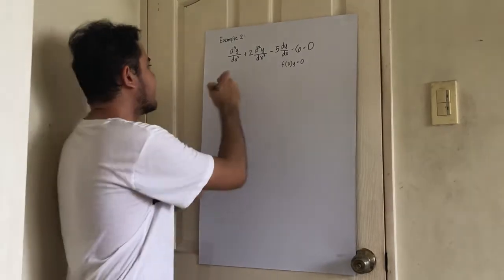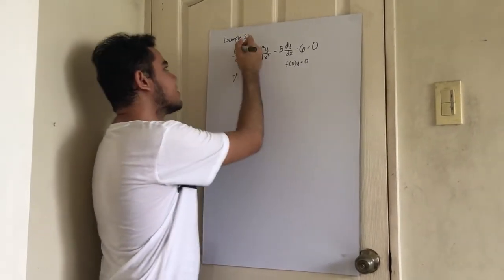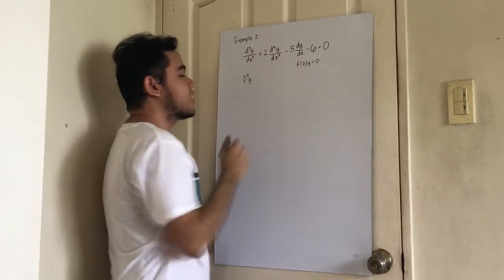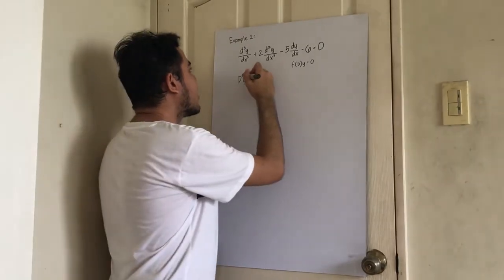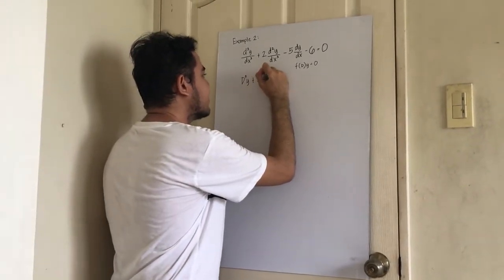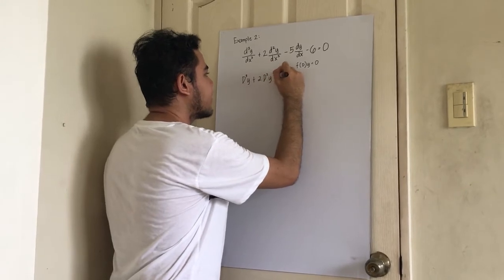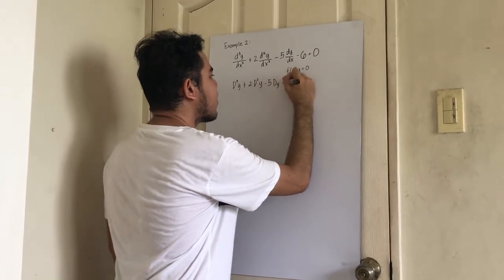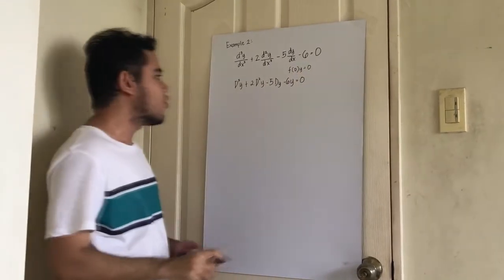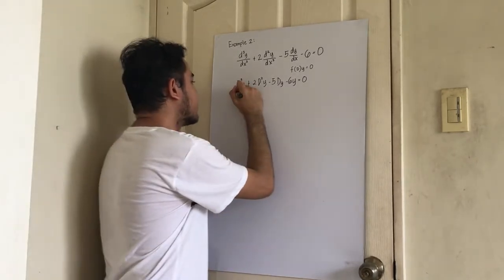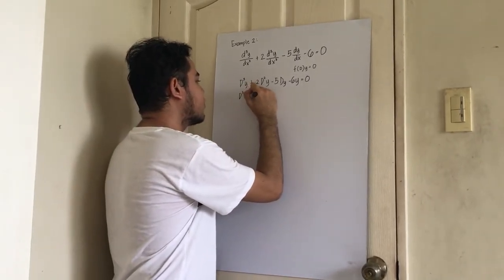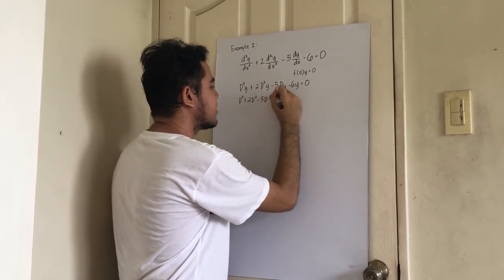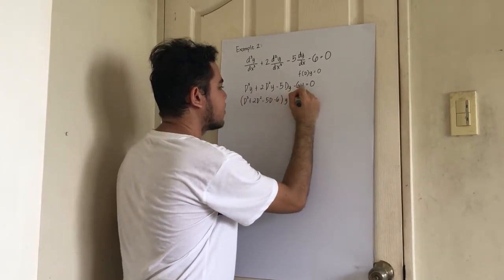So D cubed, since this is a third-order differential equation, and y, which is its dependent variable, plus 2D squared y minus 5Dy minus 6y is equal to 0. So we should factor out y: D cubed plus 2D squared minus 5D minus 6, times y, is equal to 0.